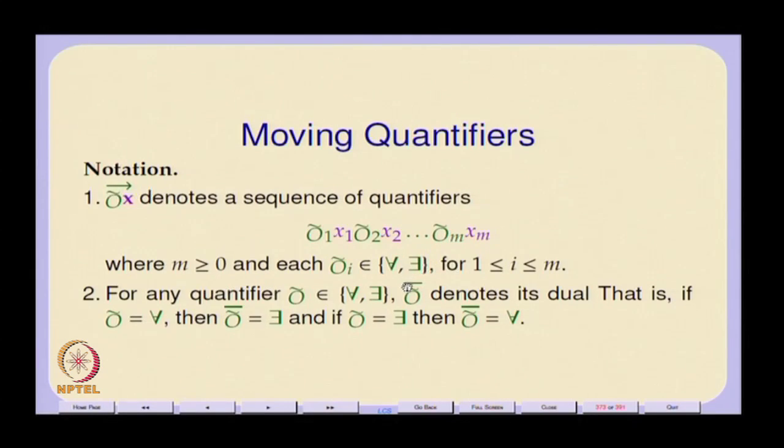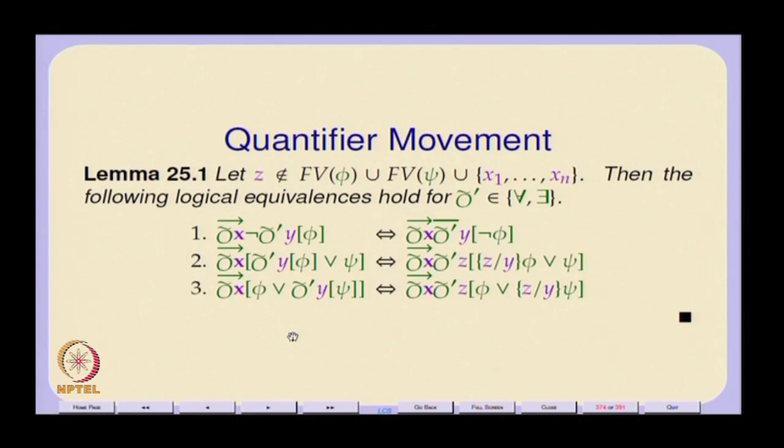And for any quantifier q, its dual I will denote with a bar, to show that it is clearly different from q. So now we have these fantastic equivalences, which are homework for you to prove.